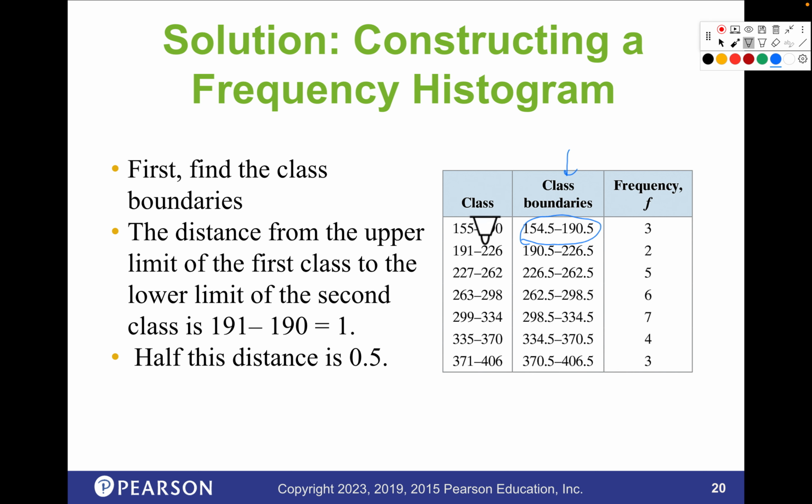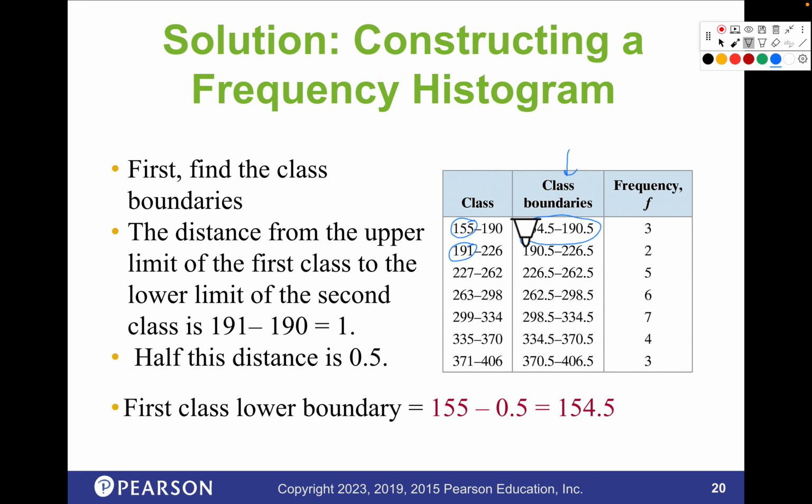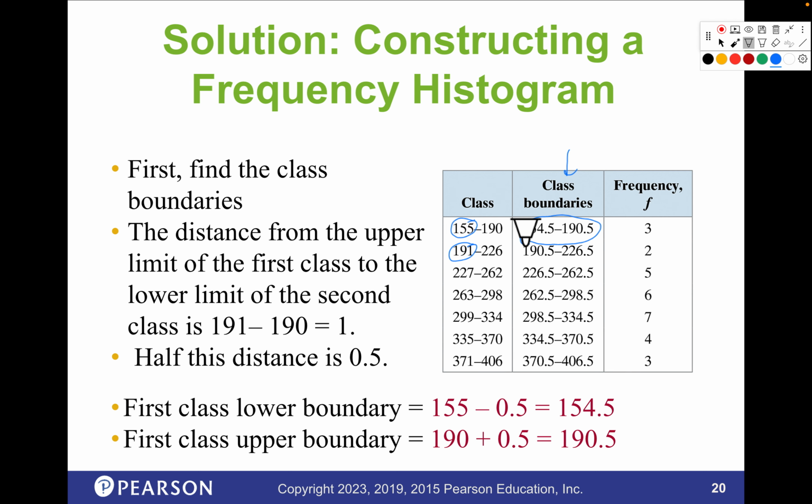But at the same time, what I do is I'm just going to list these, or you can list it 155 to 190. But you're just subtracting a half or adding a half to kind of be inclusive of what the data is including.